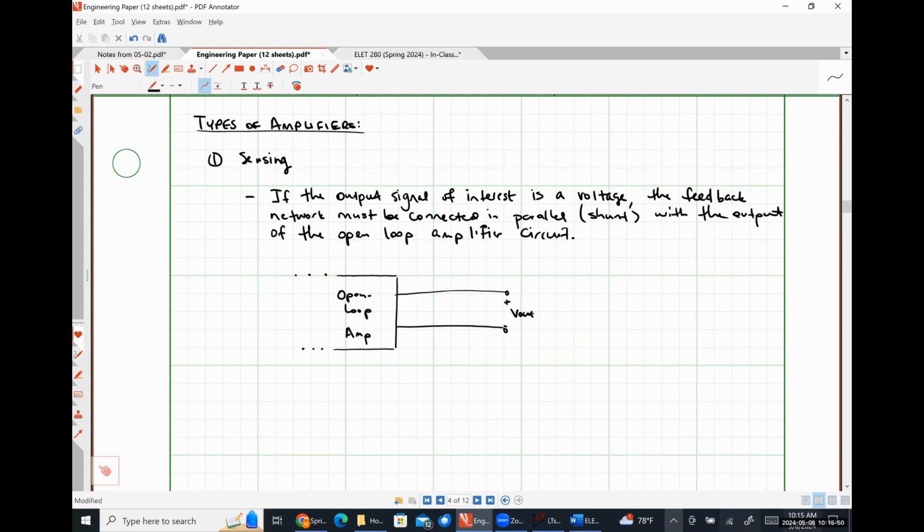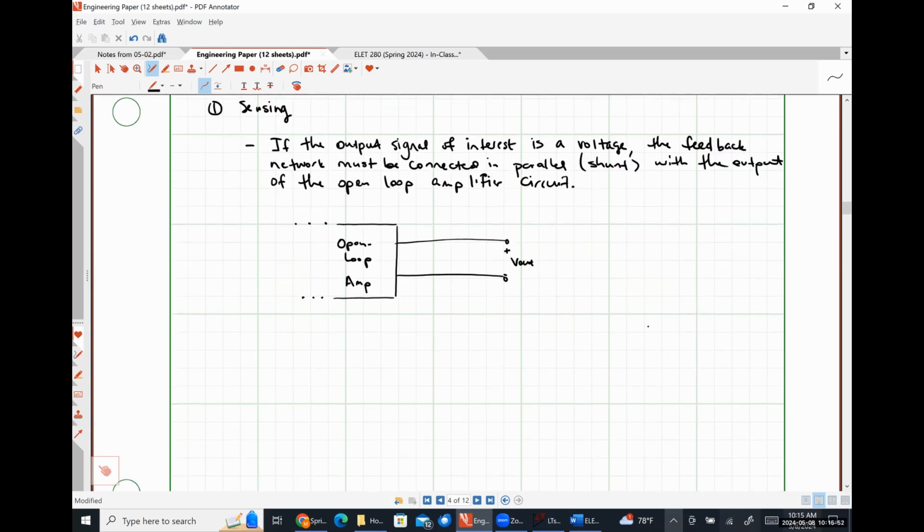So let's call that V out. And then we would need to connect our feedback network in parallel.